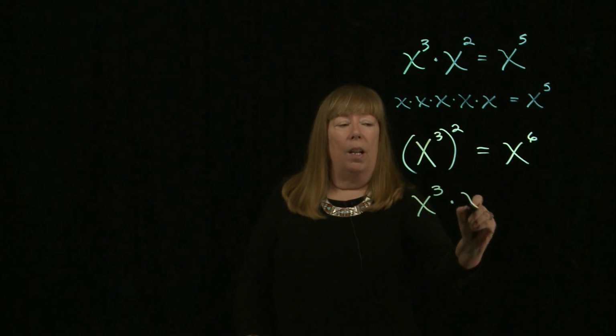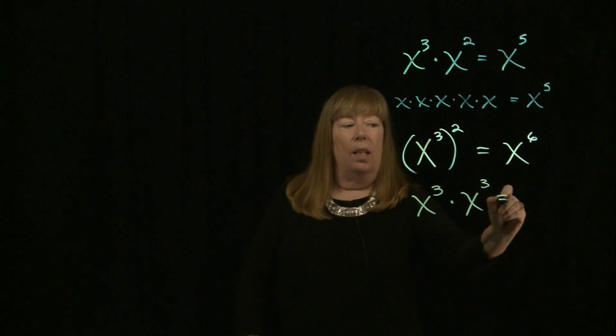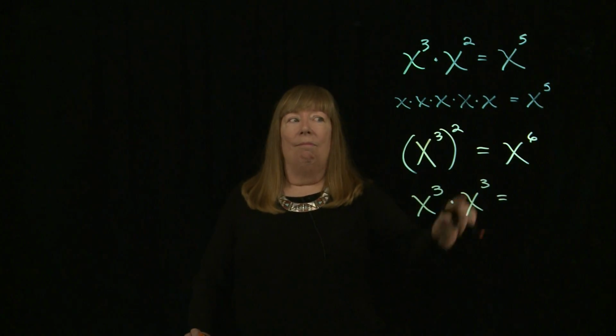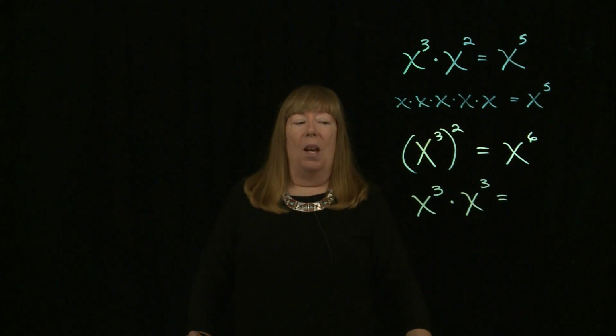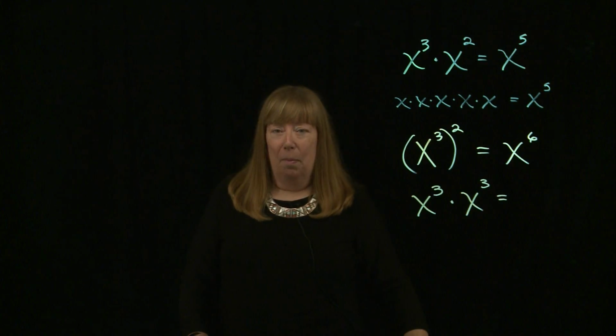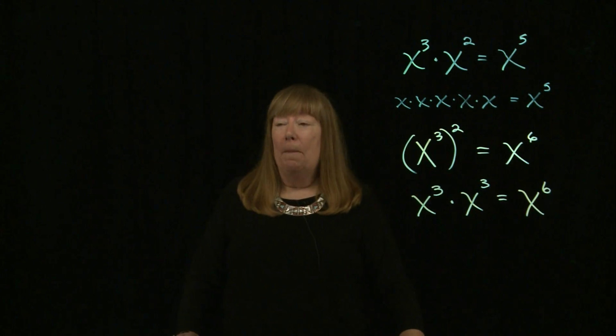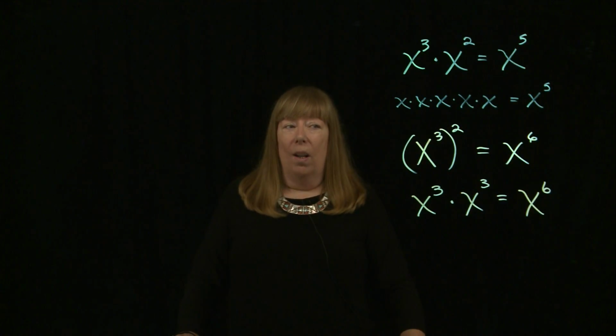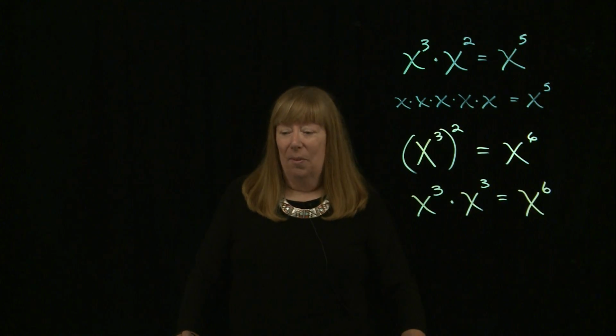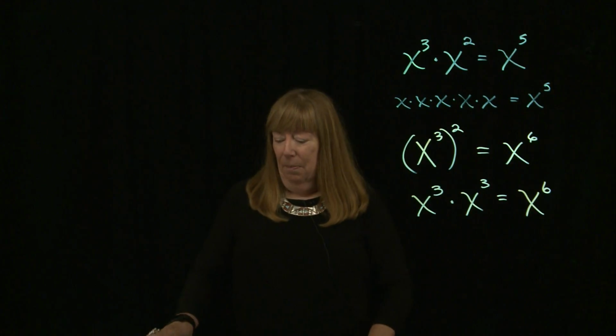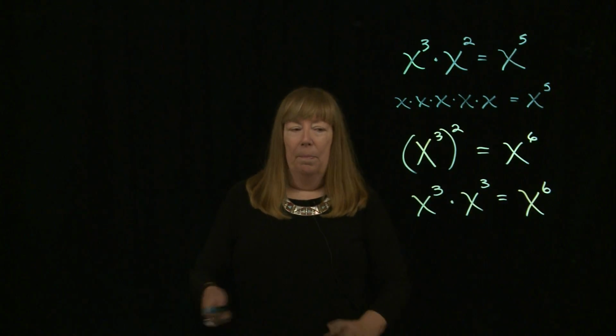X to the third squared is x to the third times x to the third. Now look at that one. When multiplying powers with like bases keep the base, add the exponents. So you see why x to the third quantity squared is x to the sixth. Very good. Okay, let's try a new one.